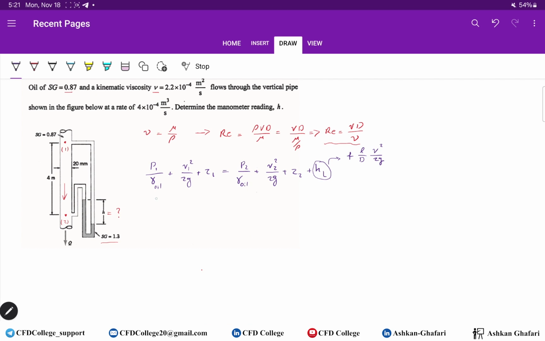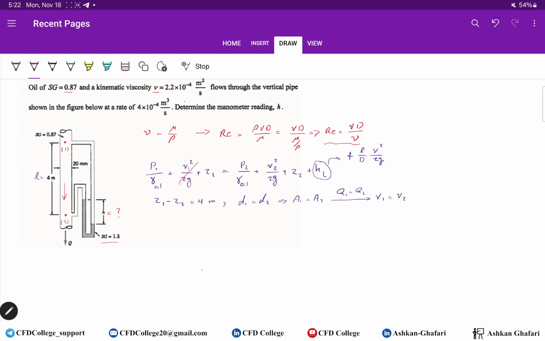We have Z1 and Z2, so let's say Z1 minus Z2 equals 4 meters, which is L. Since the diameter is constant, A1 equals A2, and by continuity Q1 equals Q2, so V1 equals V2.